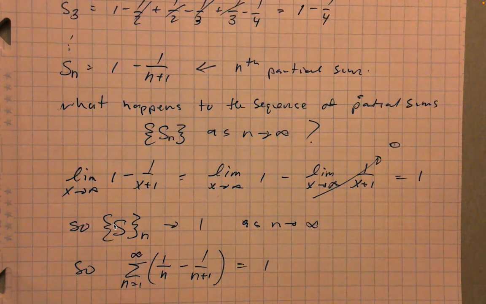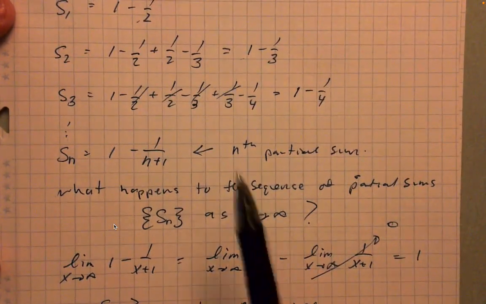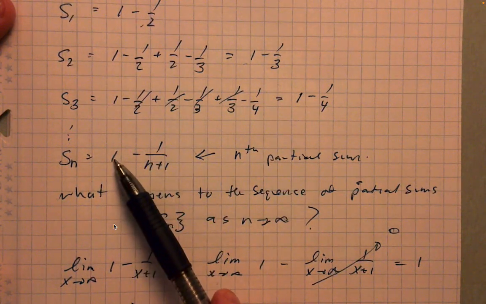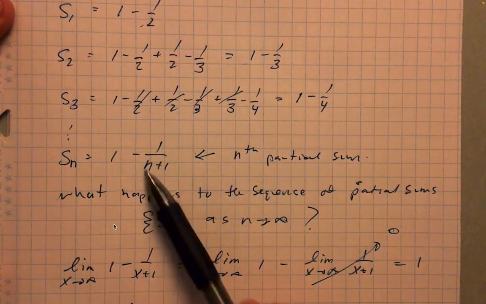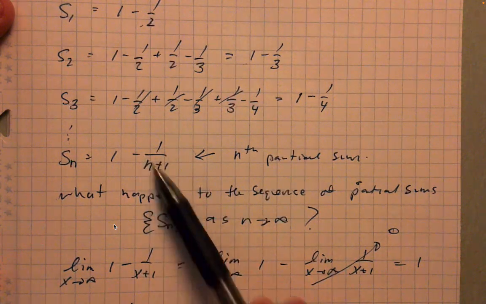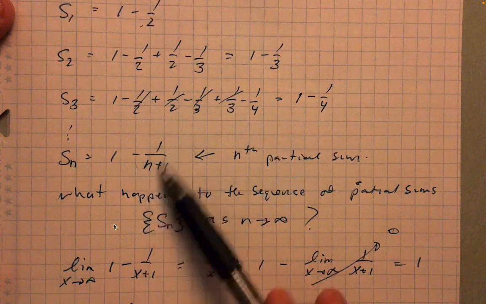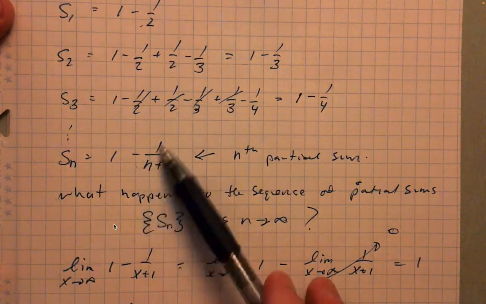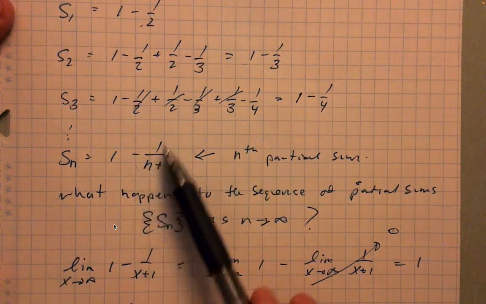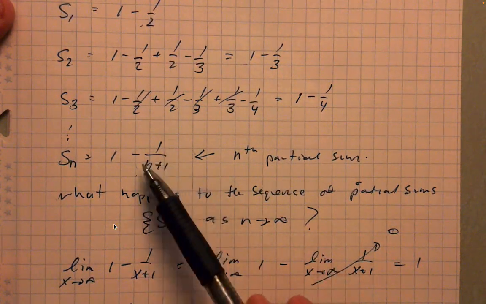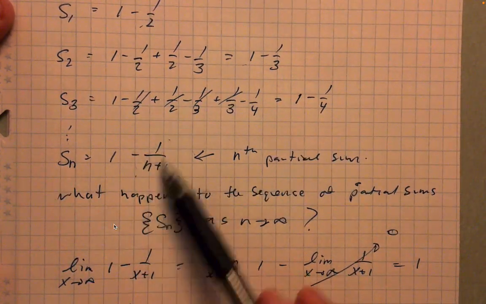Right, so that's pretty interesting, because if you think about what's happening here, this one is intuitive to see. The nth partial sum is 1 minus 1 over basically whatever n is. So if n is infinity, then the part you're subtracting off here is going to be basically 0. The larger n gets, the piece that's being subtracted from 1 is getting smaller and smaller, and specifically in the limit, this is 0.